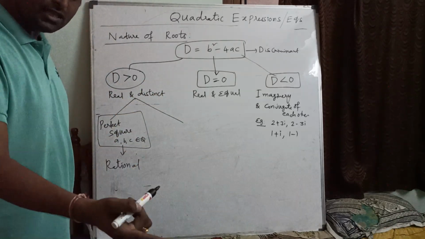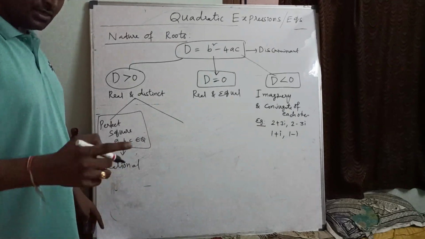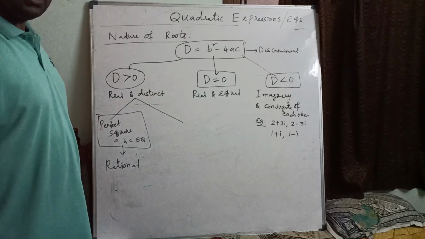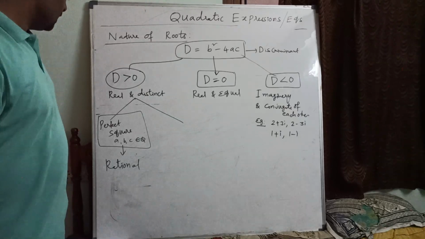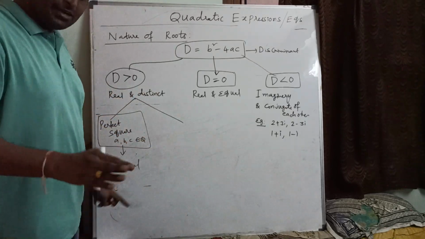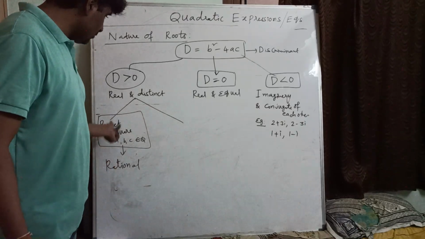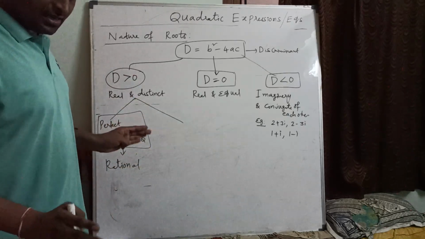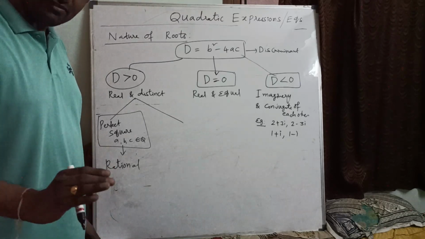Rational and irrational are both parts of real numbers. Rational numbers mean fractional form, p by q form. Irrational numbers are like 2 plus root 3, 2 minus root 3. So real means it may be rational or irrational. The rational number set union the irrational number set is the real number set, that we know.